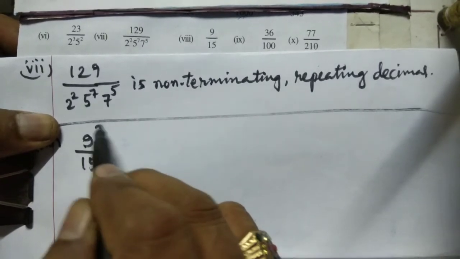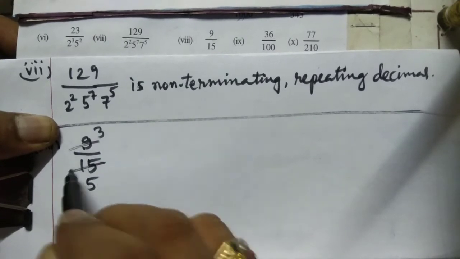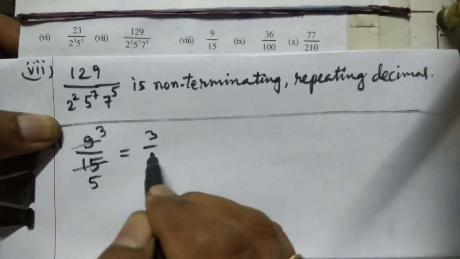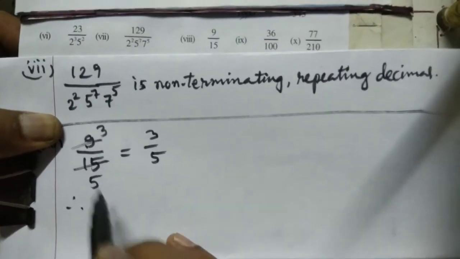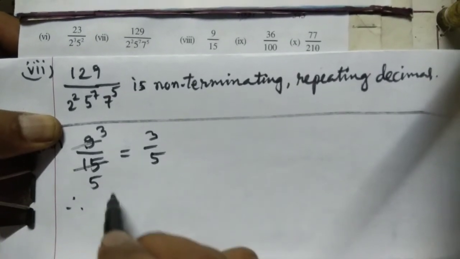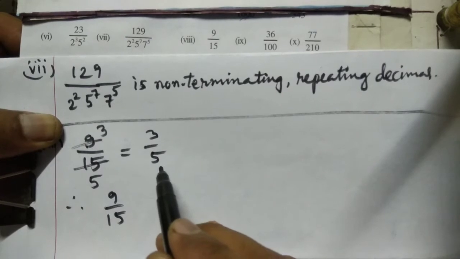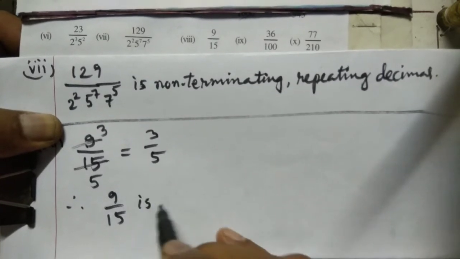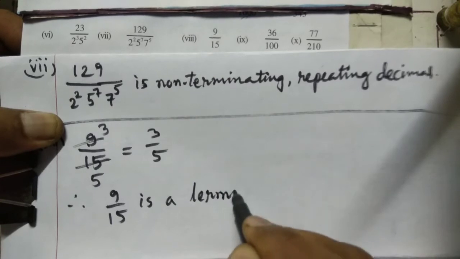So here 3 3s are 9, 3 5s are 15. So 3 by 5. Therefore, the denominator is of the form 2 power n 5 power m. So 9 by 15 is a terminating decimal.